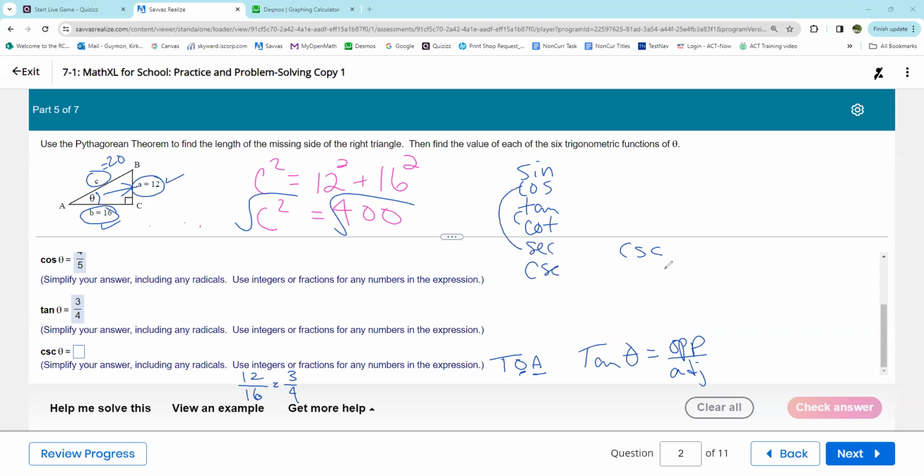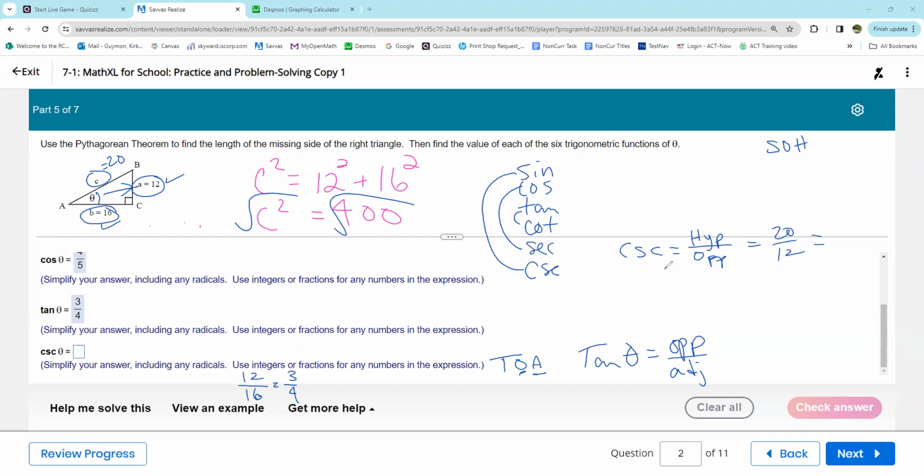Secant goes with cosine, and cosecant goes with sine. So if sine is opposite over hypotenuse, then cosecant is hypotenuse over opposite. So here, hypotenuse was 20 over opposite 12.